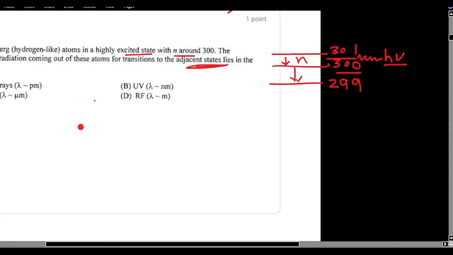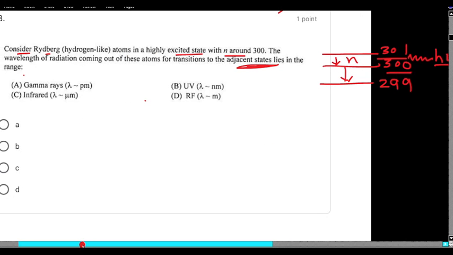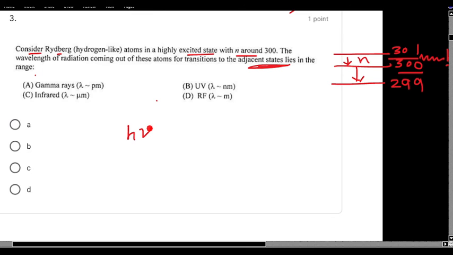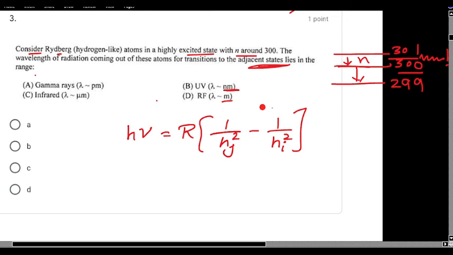Simply, the change in energy, h nu, is the Rydberg constant times 1 by nf squared minus 1 by ni squared. They are asking about the adjacent state, so take any adjacent state, it doesn't matter because they are simply asking for a range.